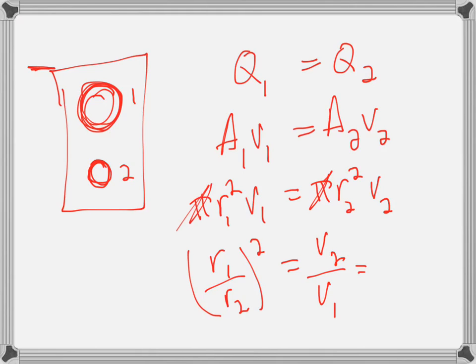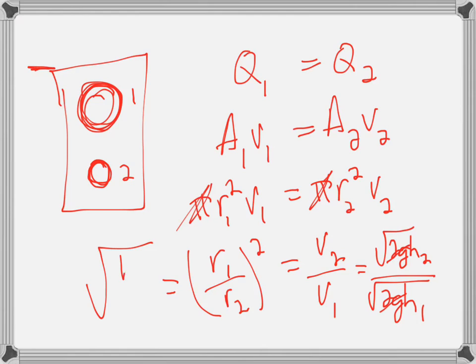Now this would be square root of 2g h2 over the square root of 2g h1, and the square root of 2g's would cancel out. And so your R1 over R2 squared would equal the square root of H2 over H1.